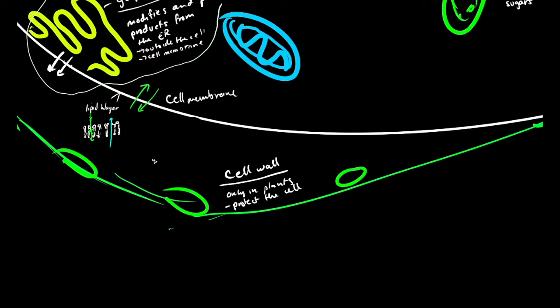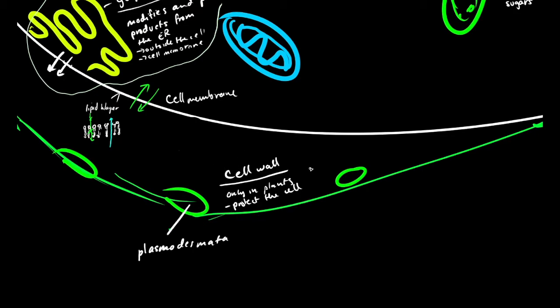What's important to note is that it's not a true wall, as in there are some porous areas. These are called plasmodesmata. Again, you really don't need to know this at the pre-AP biology level, but it's important to keep in mind if you're going to progress through biology as a science.